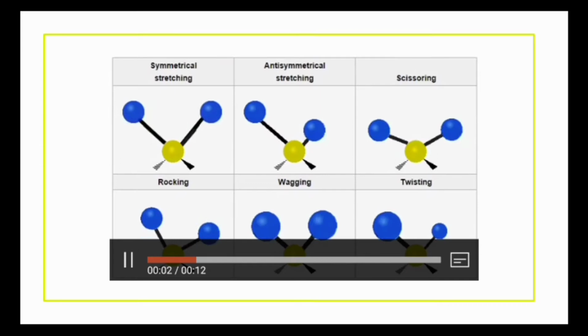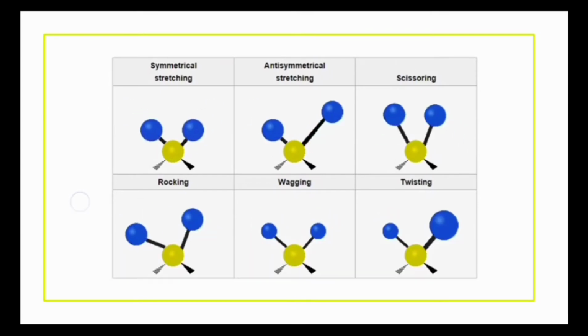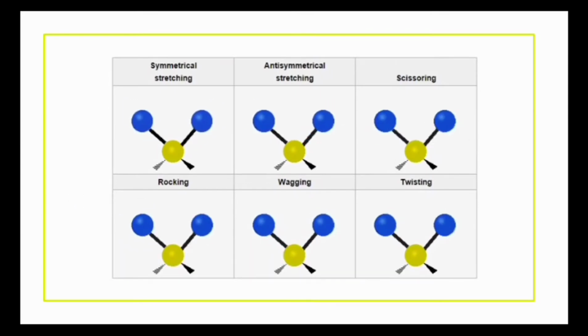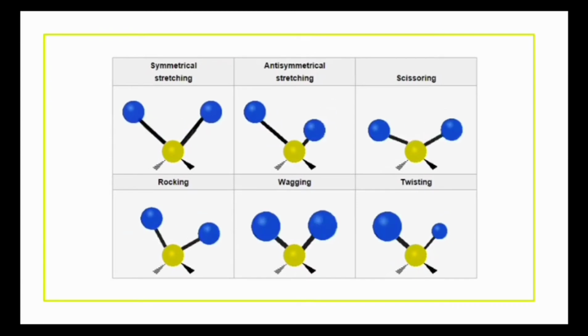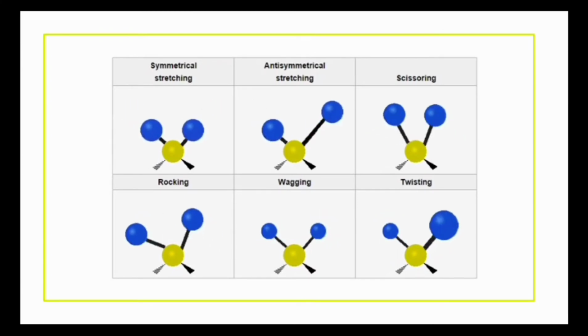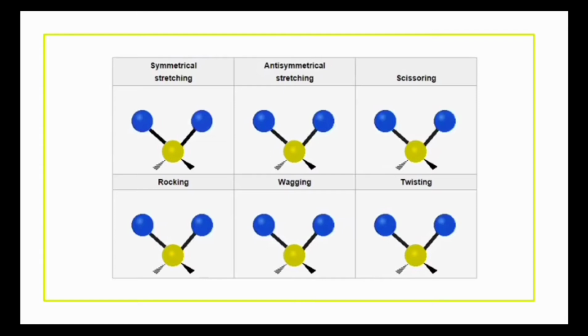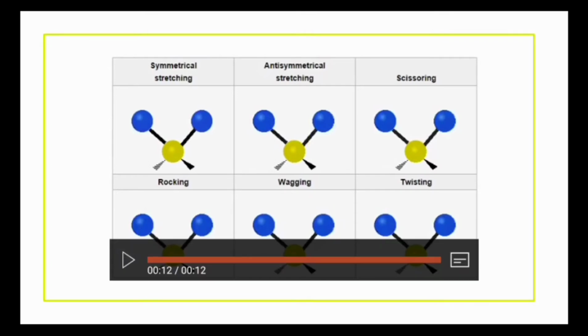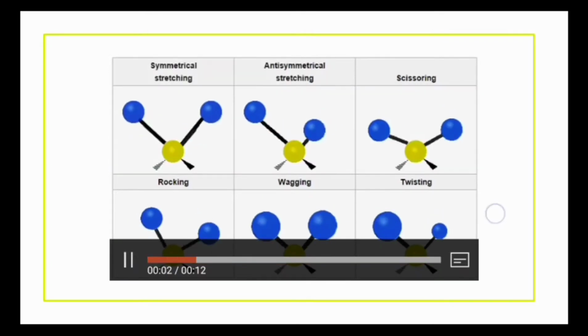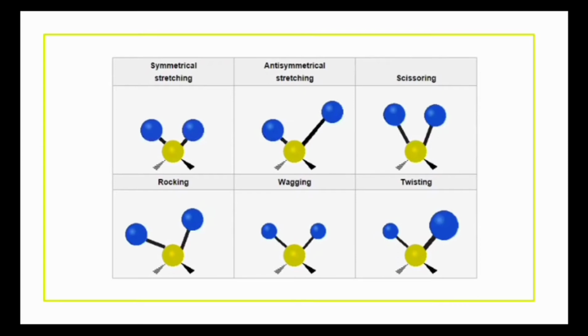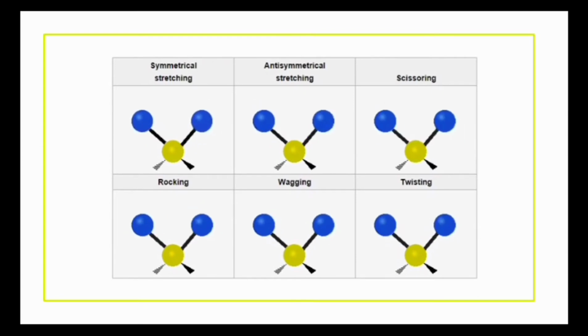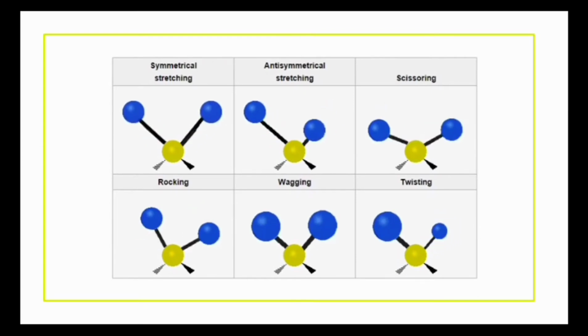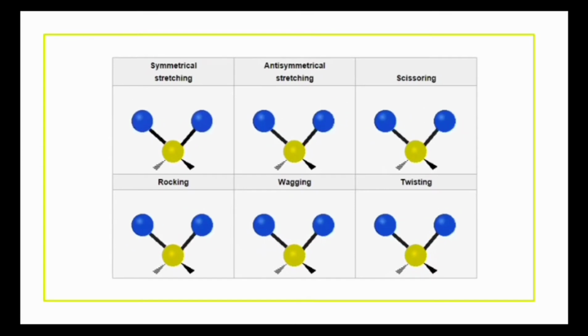In case of rocking, both bonds go left and right at one and the same time. In wagging, as we know that wagging and twisting are out-of-the-plane bending vibrations, the two bonds in wagging come out of the plane and then go again into the plane at the same time, and in twisting one bond comes out of the plane and another bond is in the plane.